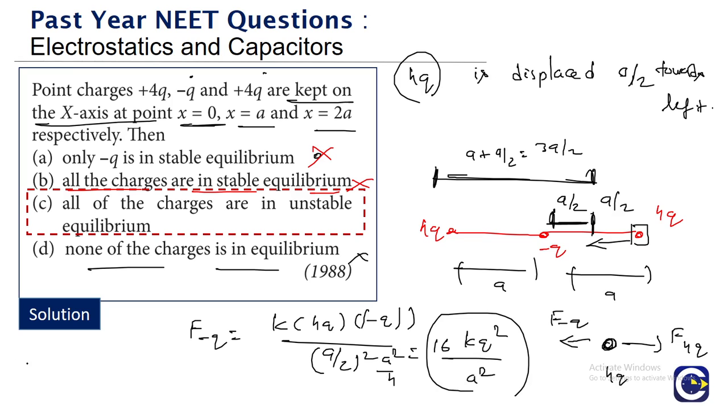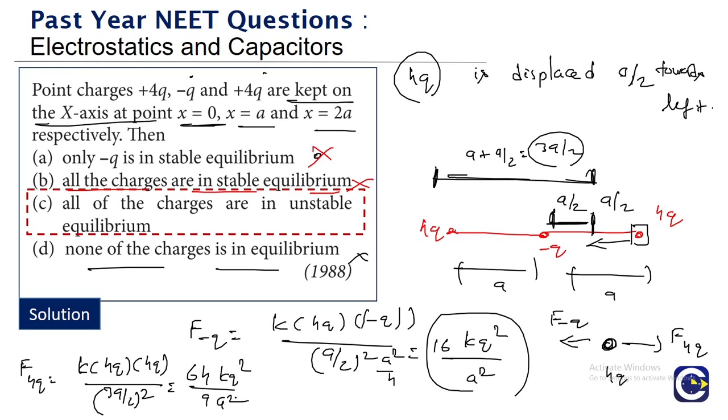What about the force due to the 4q charge? K into 4q into 4q divided by distance between the 4q charges is what? 3A by 2. So 3A by 2 the square. This is what? 64 kq square by 9A square.